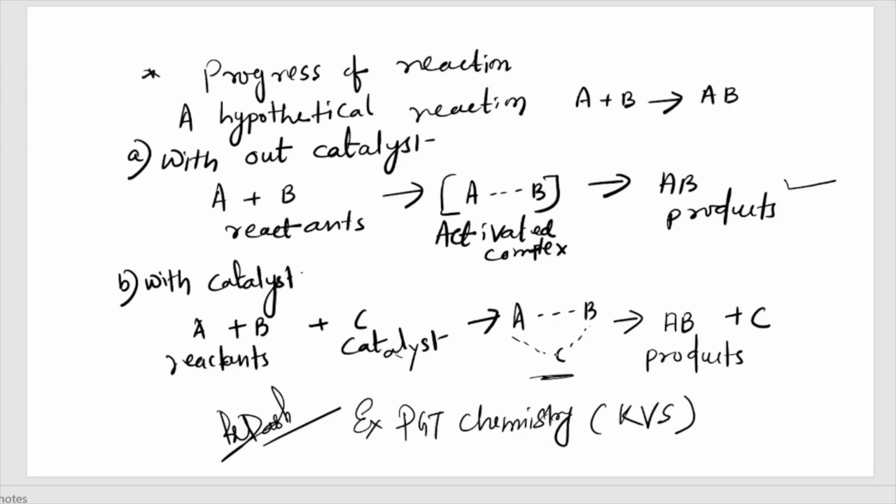After breaking, it gives AB as the product and C as the catalyst as before. There is no change in the constitution of the catalyst, it is simply left as catalyst, and the product is formed with low activation energy, and time is also saved. So I hope it is clear.